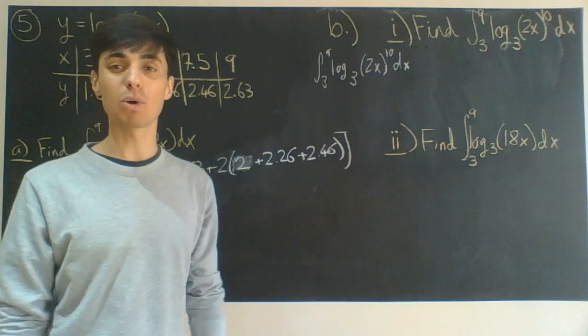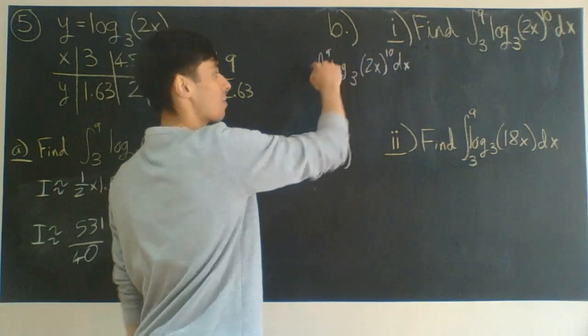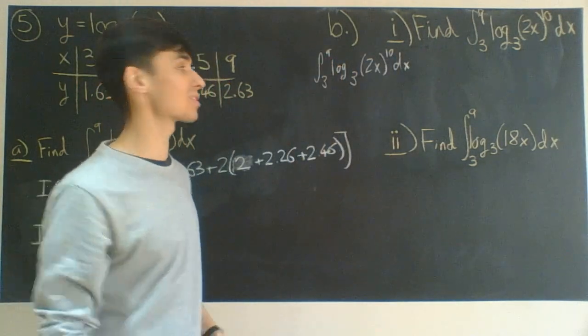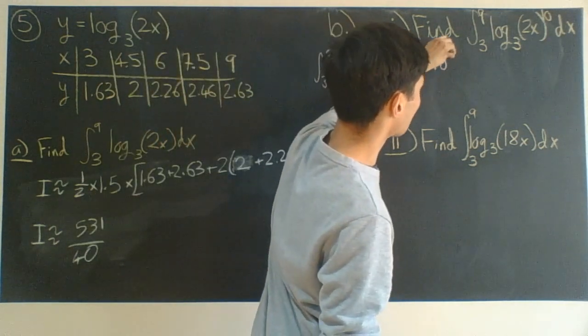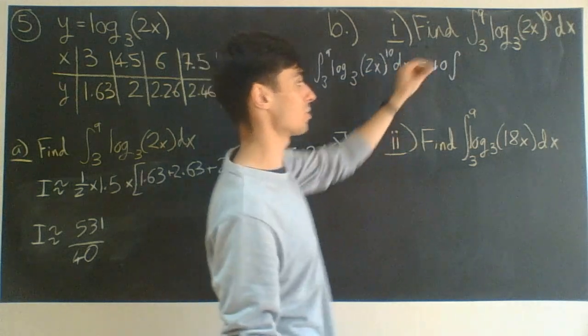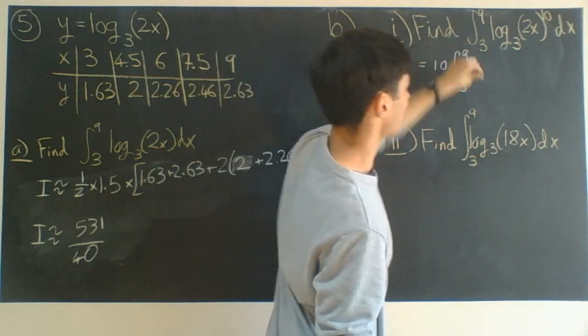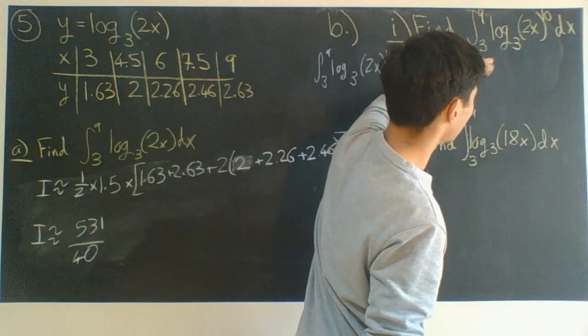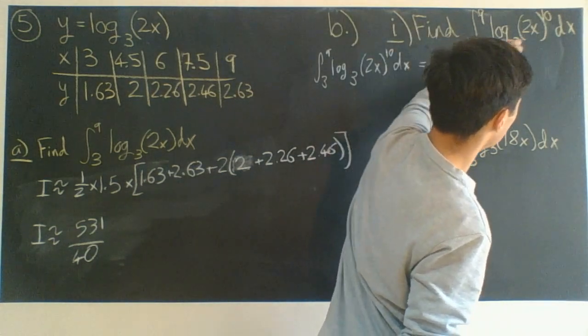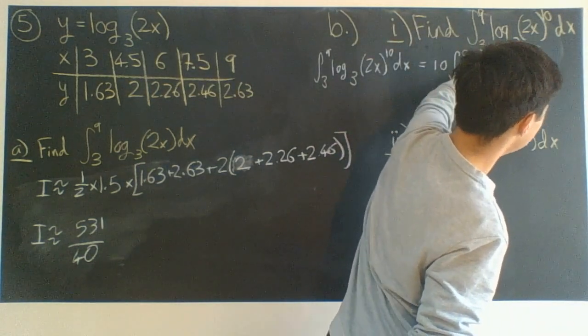Any scalar multiplier like that can just come out to the front of the integral, and it makes no difference if it's inside or outside. So we've actually got 10 lots of the integral from 3 to 9 of log 3 of 2x dx. So let's write that down.